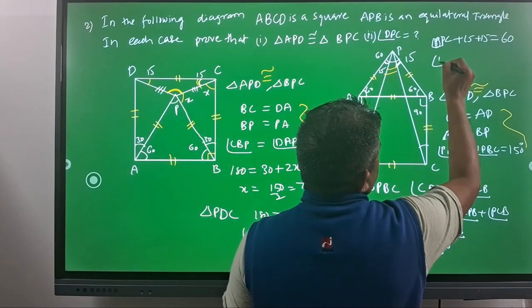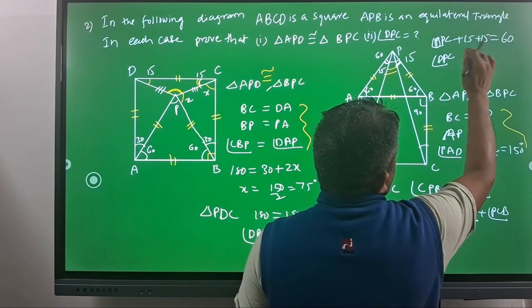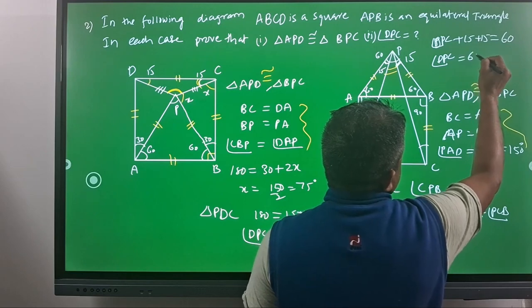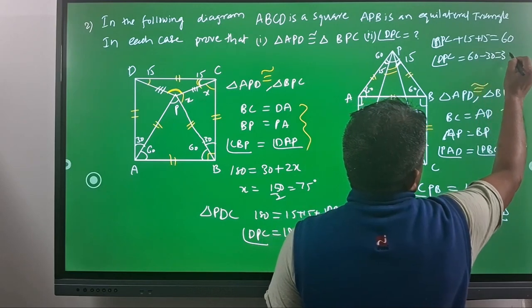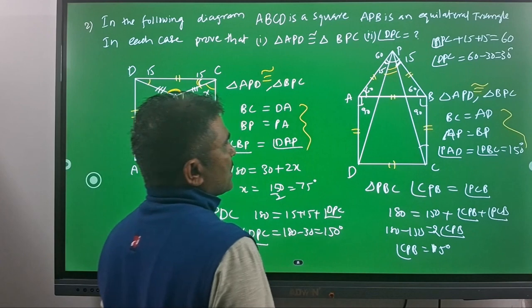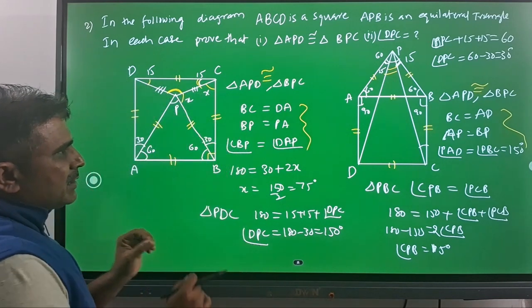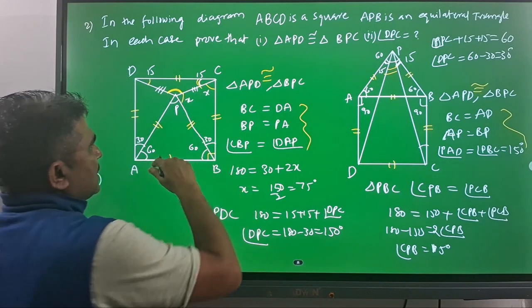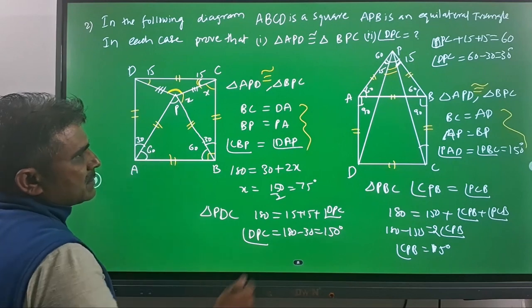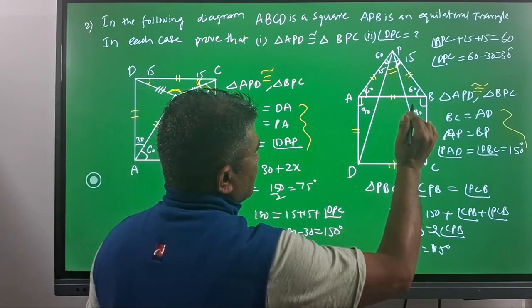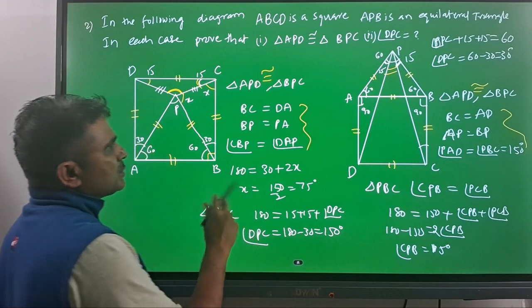So angle DPC is 60 minus 30, so we have 30 degrees at DPC. Since the two pictures are a little different, in the first we got DPC as 150 degrees, and here we got DPC as 30 degrees. Hence proved for both pictures.